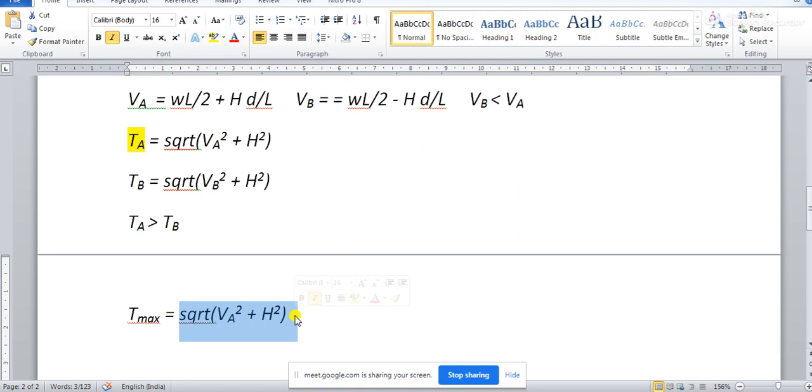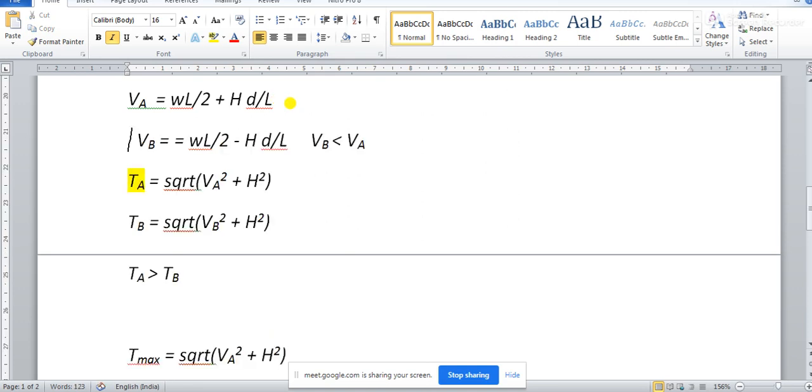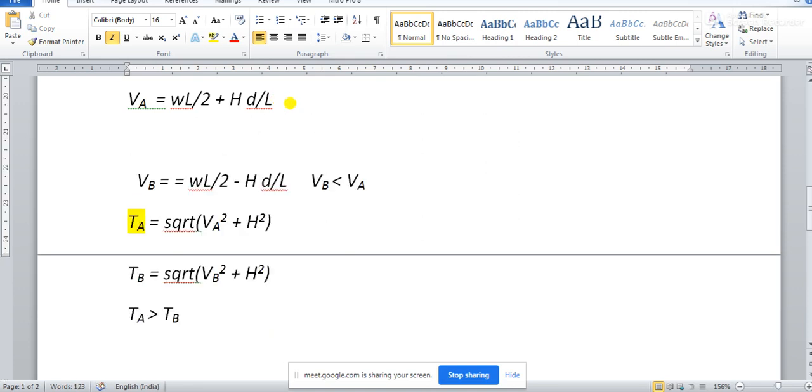So what will be the value of VA? Can anyone tell? Calculate. What will be the value of VA? 10 kilonewton per meter into L, 100 meter, right?